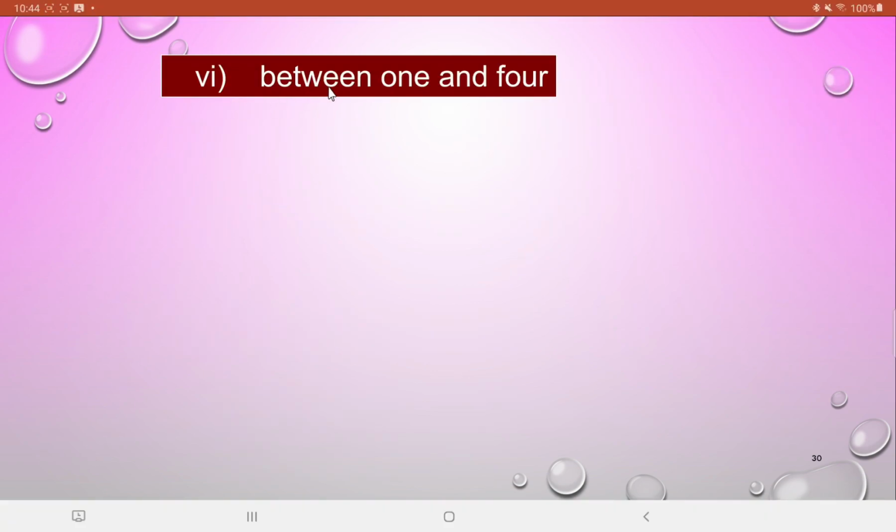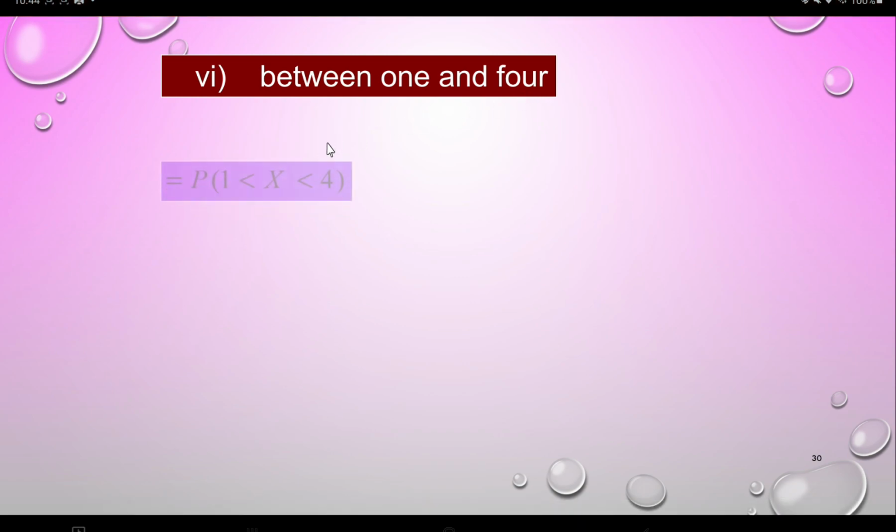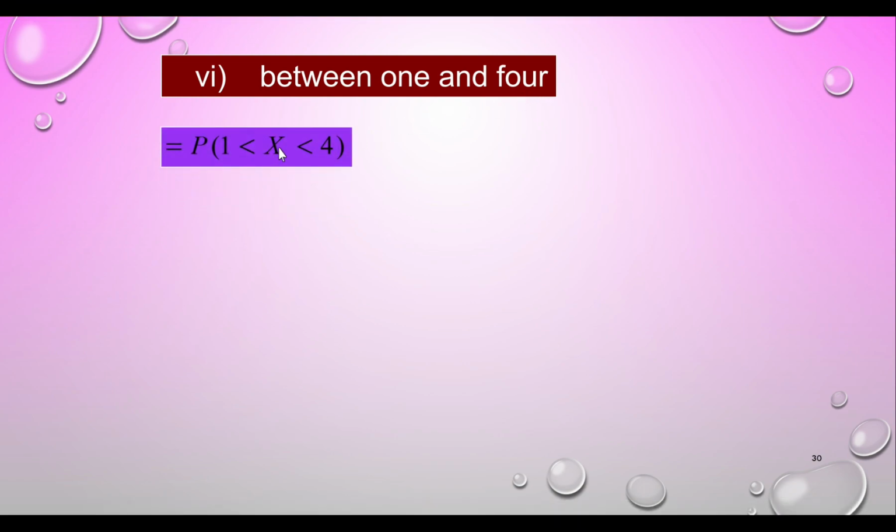Since between 1 and 4, between means 1 and 4 are not included. So we can write it x more than 1 and less than 4. So we have only x equal 2 and x equal 3.